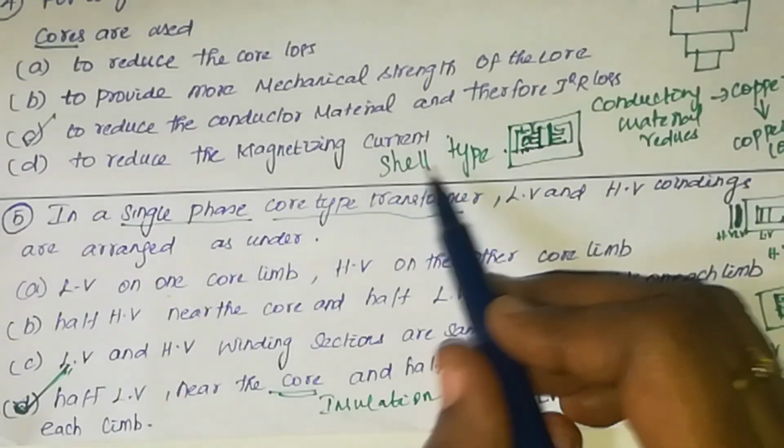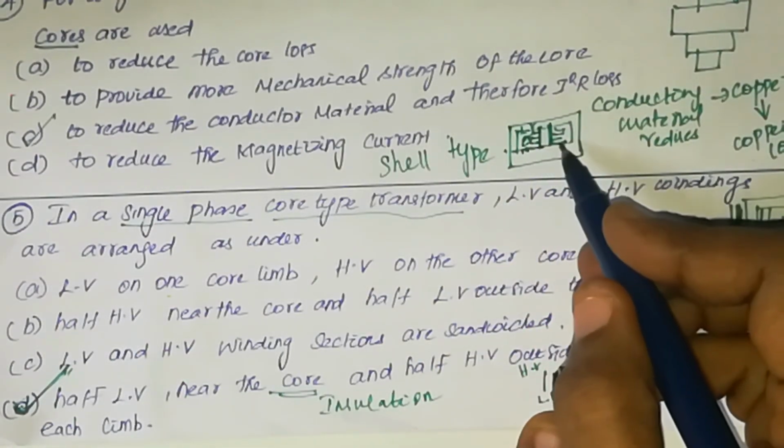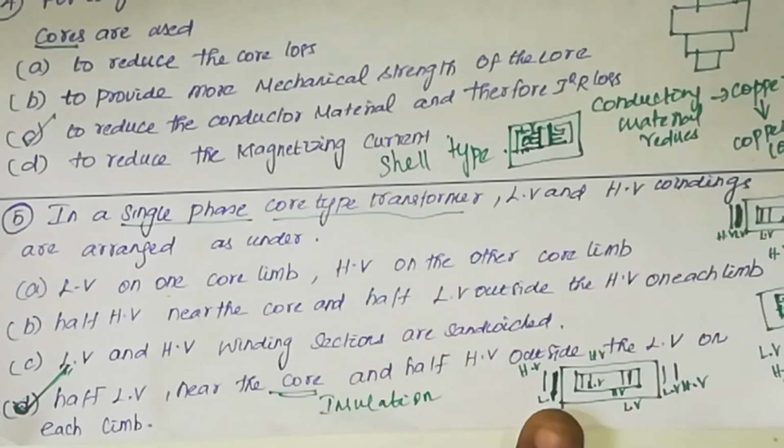So for a shell type transformer the LV and HV sections are sandwiched. For a core type transformer, half of the LV is near the core and half of the HV is outside the LV on each limb.